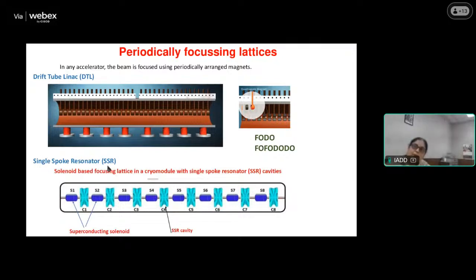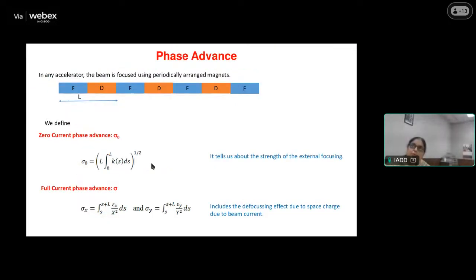Even if you go to a single spoke resonator, in between the spoke resonators, solenoids are used for focusing the beam, which are again arranged in a periodic manner. Due to these periodic arrangements, the resonances come into picture. I'll explain these resonances before going to the resonances in MEHPA 1.